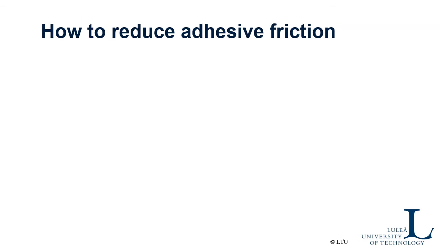Okay, coming back then to the problem of how to reduce the adhesive part of the friction. Well, as we discussed, it's always good to have similar materials. We know that's the reason why brass is often used in contact with steel in some cases.